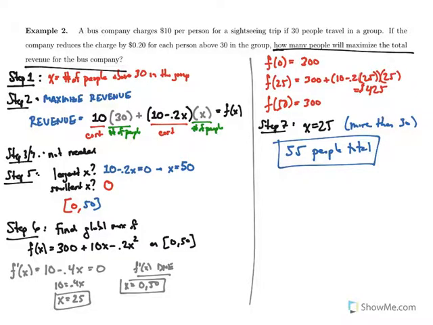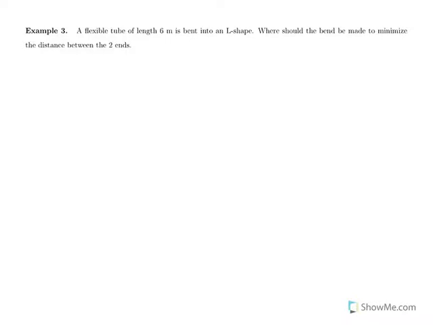All right, let's do a much different problem than that. A flexible tube of length 6 meters is bent into an L shape. Where should the bend be made to minimize the distance between the two ends? So step 1 now, a picture is really important here.